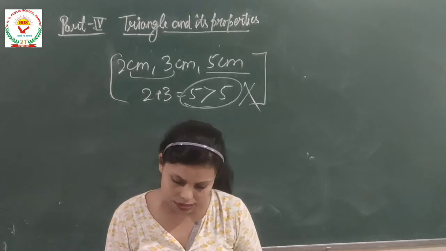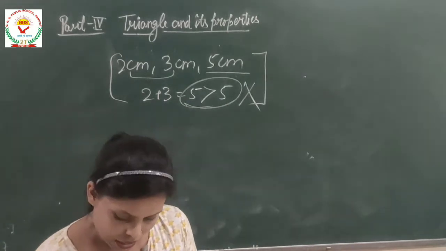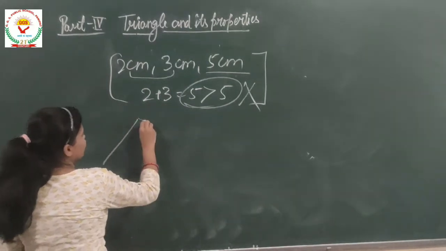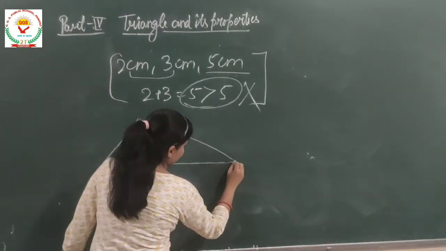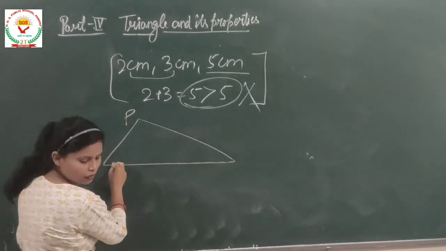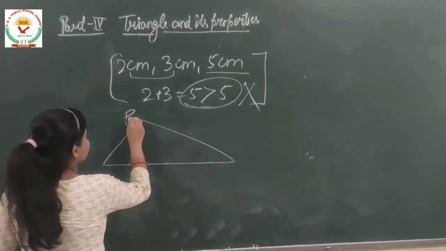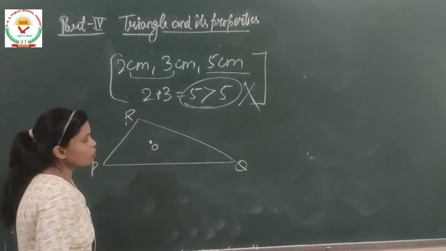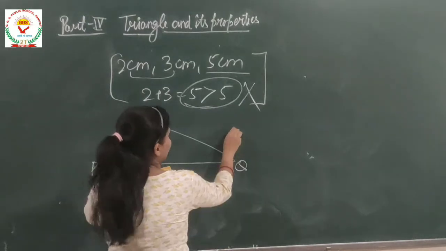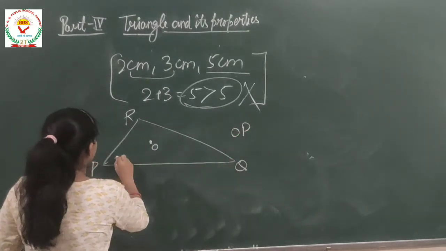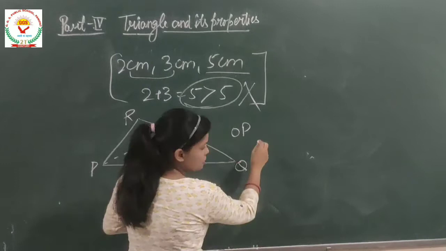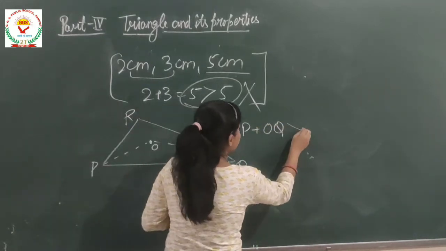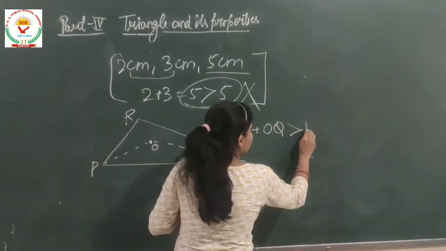Okay. Let's do question number 2. Question number 2 is, take any point in the interior of triangle PQR. So we are given a triangle. Sorry, this is R, P and Q, and this is the point O. The first question is OP plus OQ is greater than PQ.